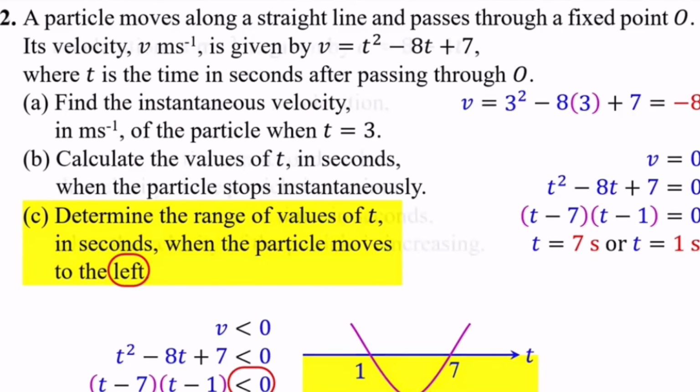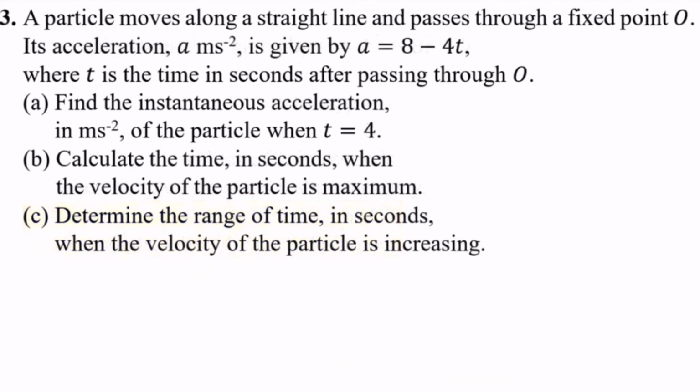Now let's proceed to question number 3. A particle moves along a straight line and passes through a fixed point O. Its acceleration a meter per second squared is given by a is equal to 8 minus 4t, where t is the time in seconds after passing through O. Find the instantaneous acceleration when t equal to 4.